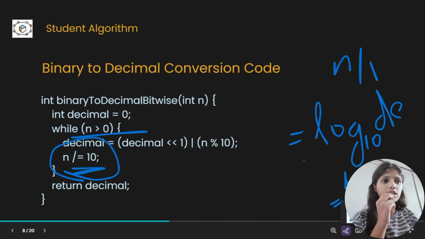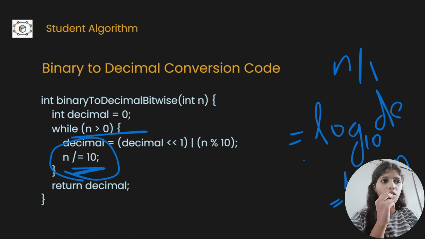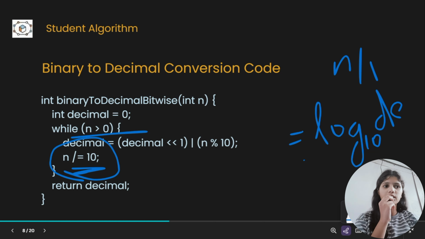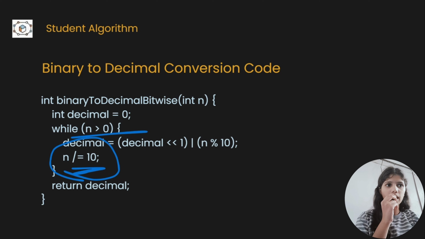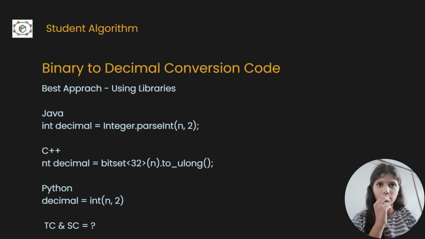If we represent this in n form, then that will be log n to the base 10. This is your time complexity. Space complexity will be 1 because we are not using any data structure to store any elements. We just use constant variables to store some elements.